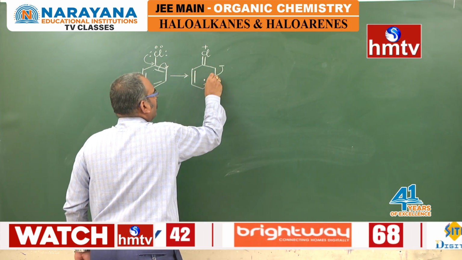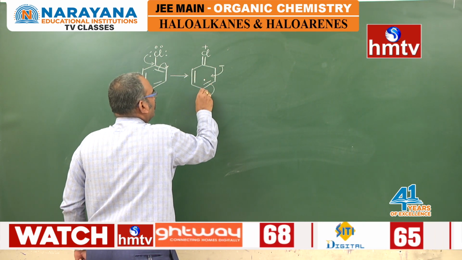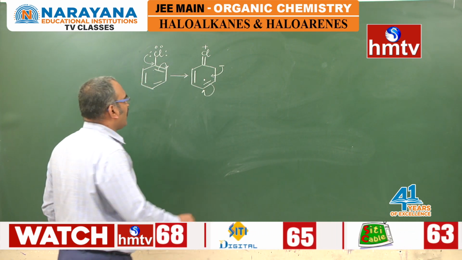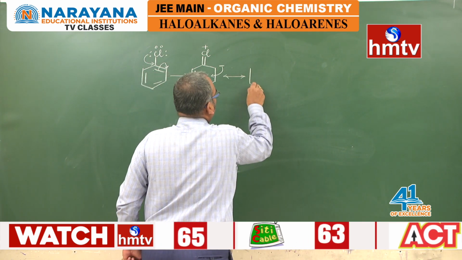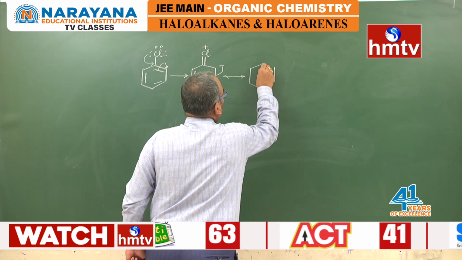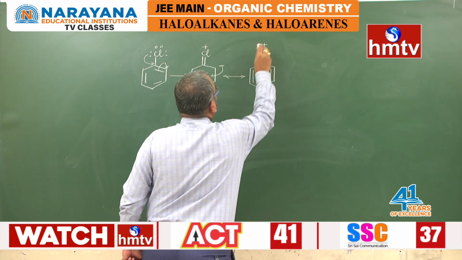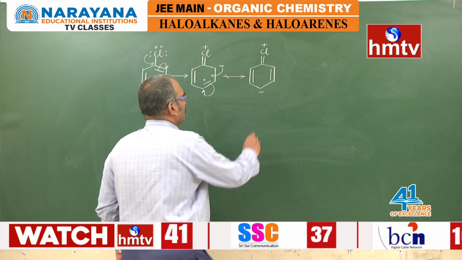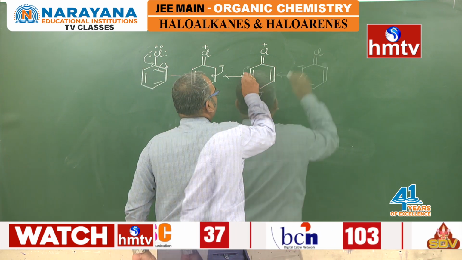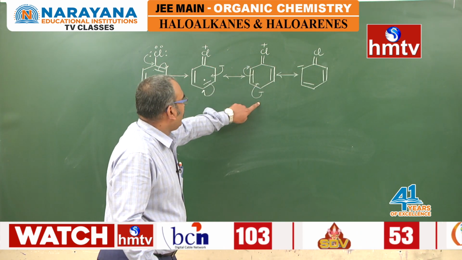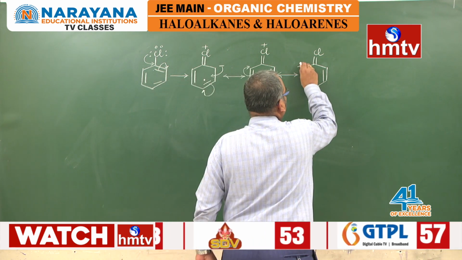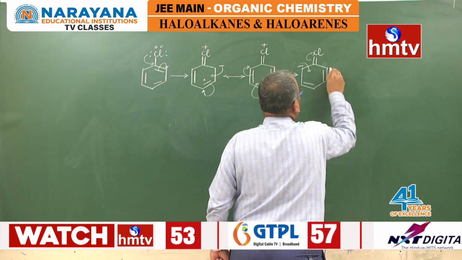Now when this negative charge comes here, the negative charge is moving on to the para position, double bond, Cl plus. Then this negative charge moves here. So negative charge is appearing at ortho and para positions in the resonating structures.